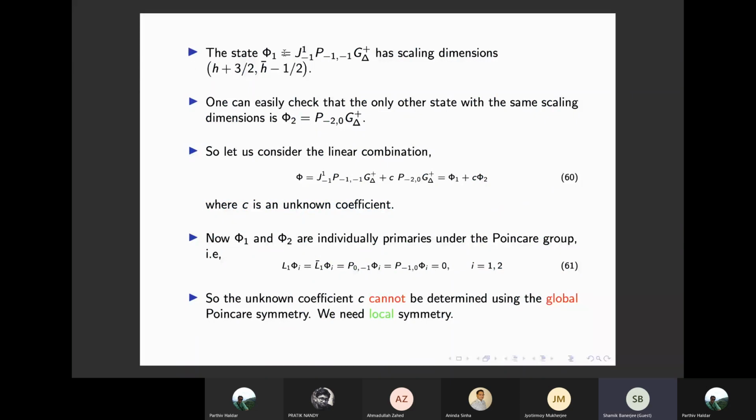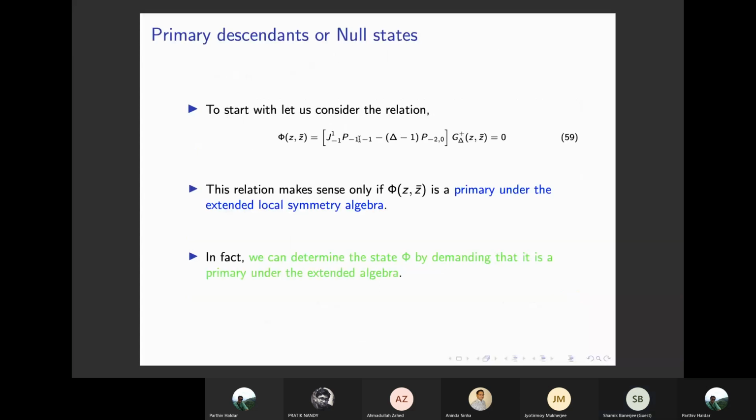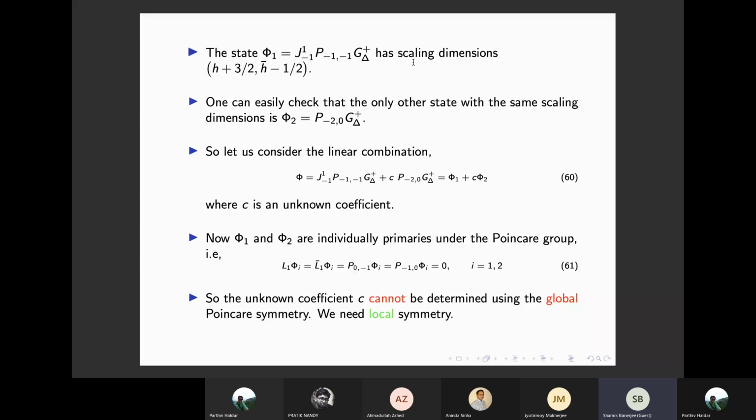So how do we check that? Let's start with the state which is phi 1. So let's take the first one. Now this state has conformal dimensions h plus 3/2 and h bar minus half. And now what we do is that we look for all other descendants with the same conformal dimension, that is h plus descendants of g plus delta, which have the conformal dimension h plus 3/2 and h bar minus half.